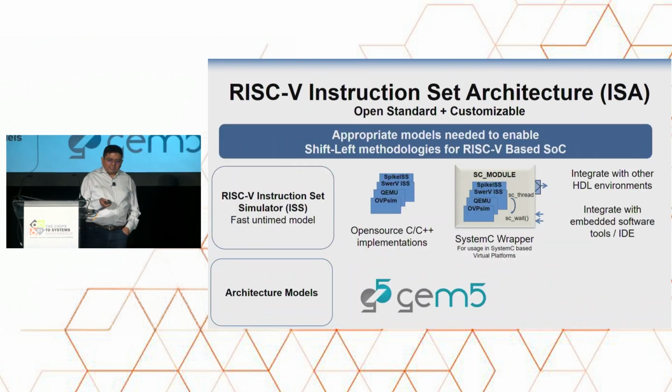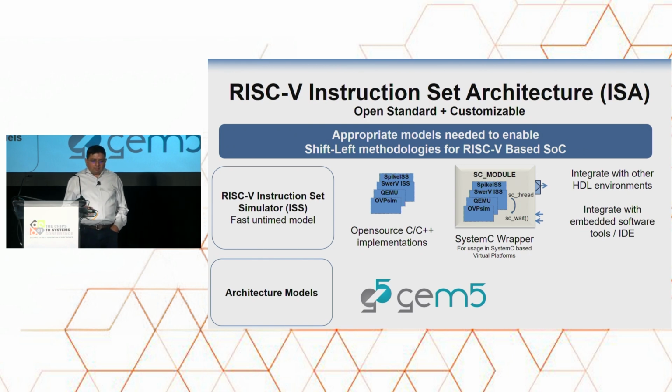Another important phenomenon happening in the industry is RISC-V, which is a new open source processor architecture. For the successful adoption of RISC-V based systems in the industry, these shift-left methodologies again can play a very important role.